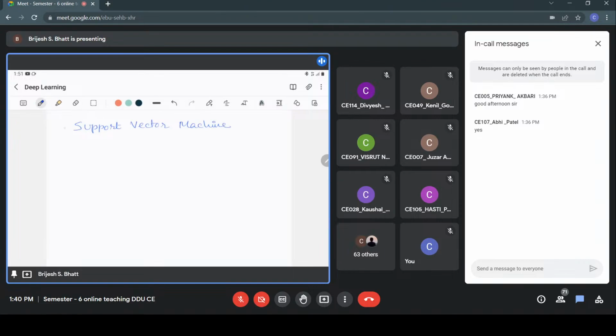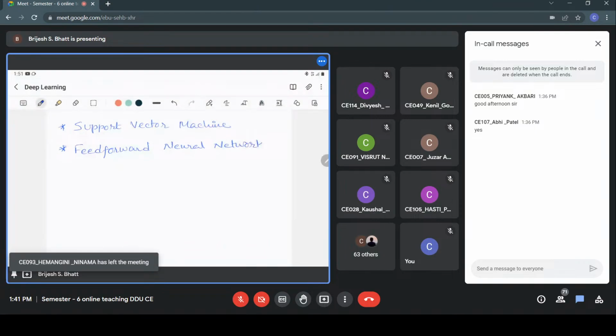You know support vector machine, and you also know feed forward neural network, or as they say MLFF, and they often say it is MLFF with BPN.